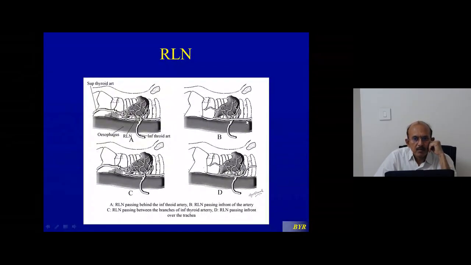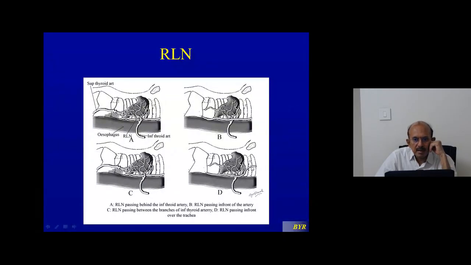Here you can see the nerve is coursing lateral to the artery, superficial to the artery. And here it is going in between the branches. It is deep to one branch and superficial to another branch. So it will go in between the branches. And in this place, the nerve is not in the tracheoesophageal groove. It is over the trachea.